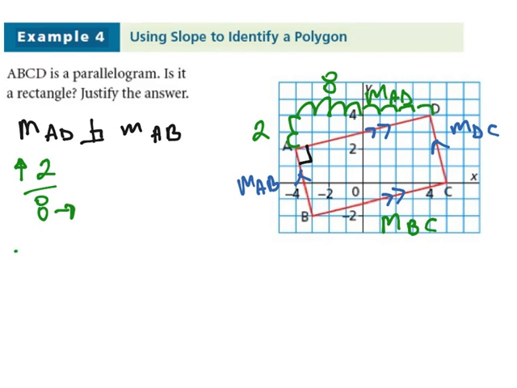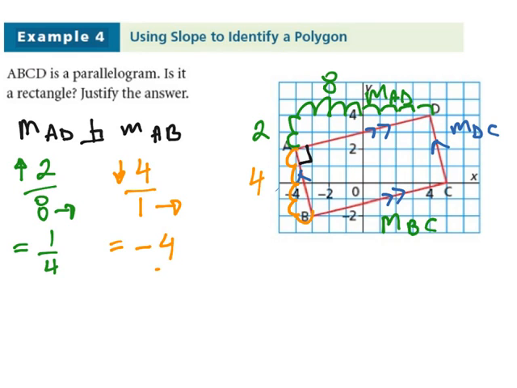Now what about slope AB? Well, for slope AB, we go down 1, 2, 3, 4 units, and we move 1 unit across. So 4 units down and 1 unit across. But since we're moving downwards, it's going to be negative 4 over 1.